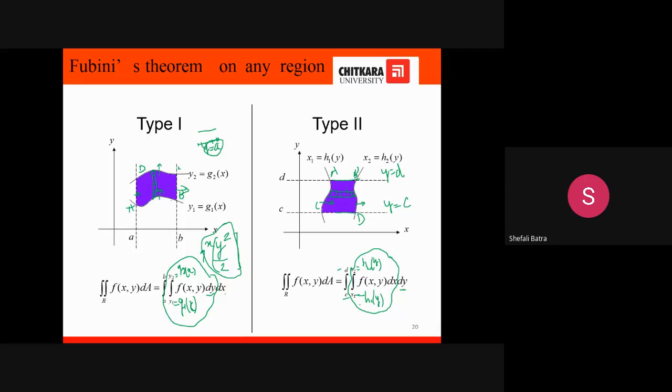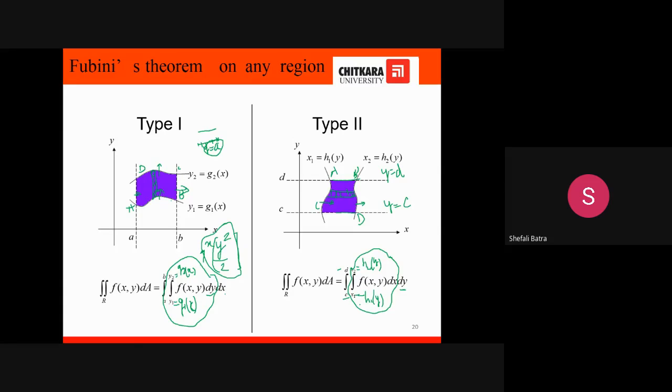Okay, beta. So we do have three cases. One, when both limits are constant, only in the case of a rectangle and square. Second, one limit would be in terms of a variable and the other would be constant. After getting the question, the choice is yours whether you make a horizontal strip or a vertical strip.